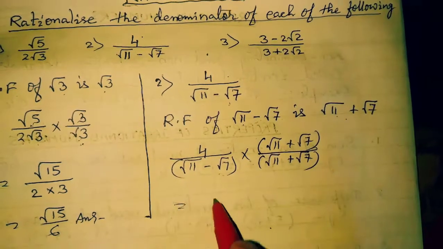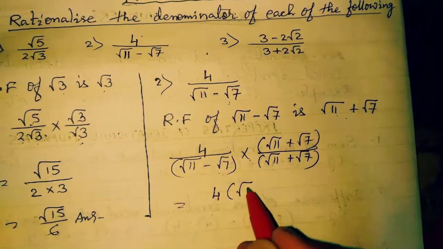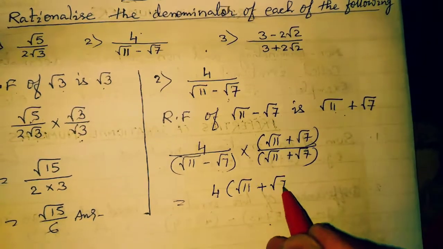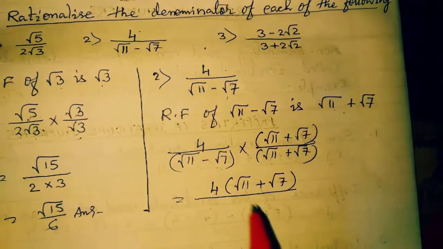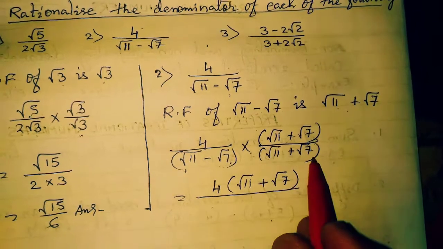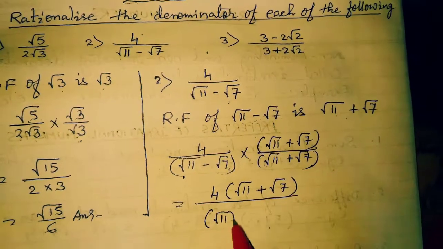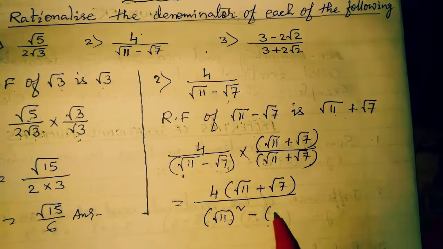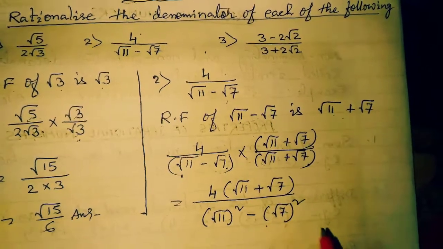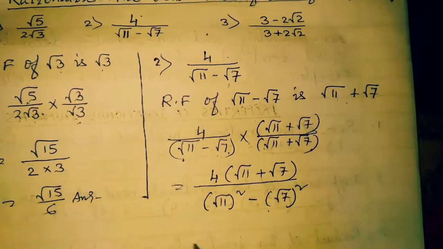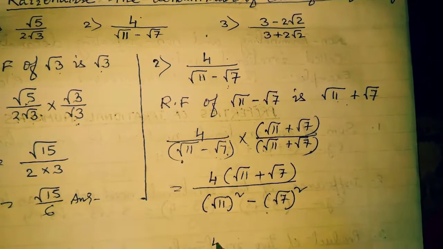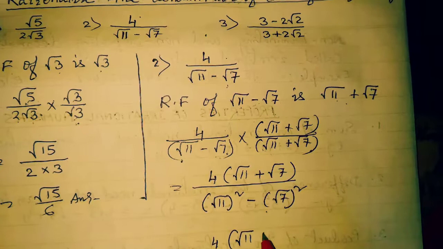The numerator is 4 into (root 11 plus root 7), and the denominator is (a minus b) into (a plus b). The formula is a square minus b square, that is under root 11 whole square minus under root 7 whole square.